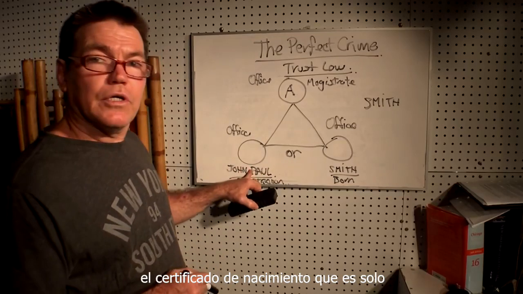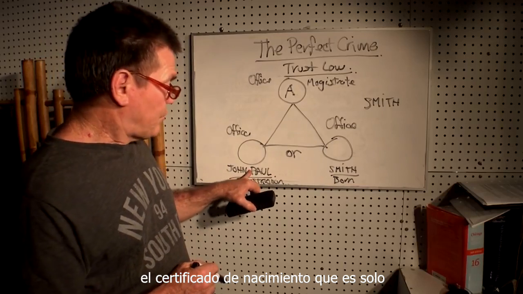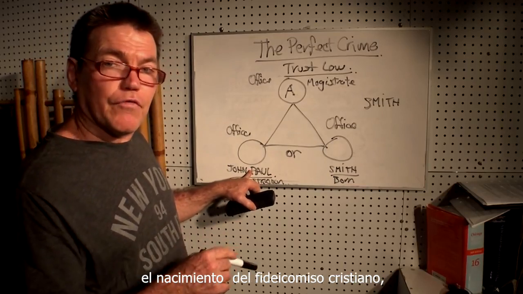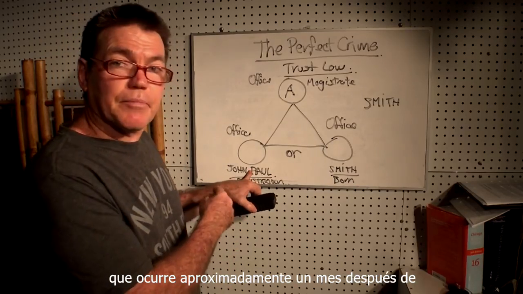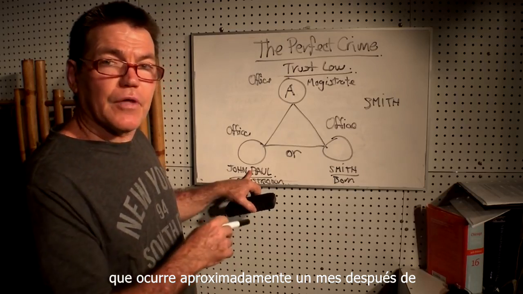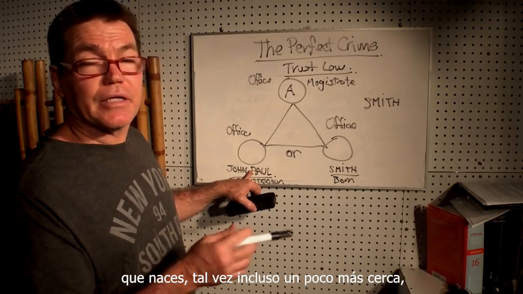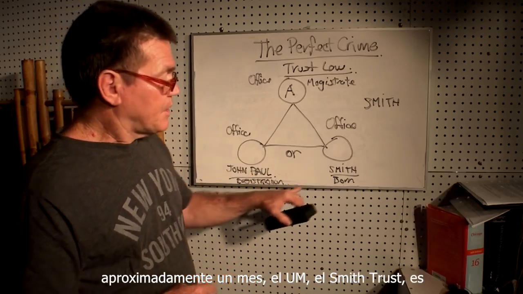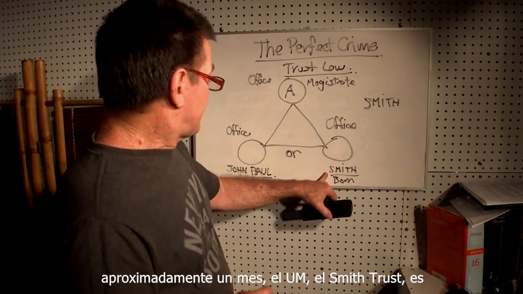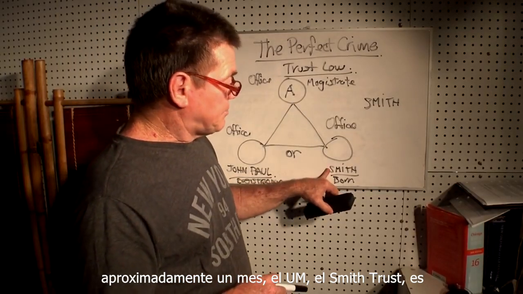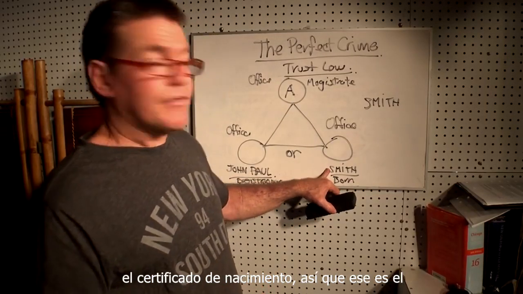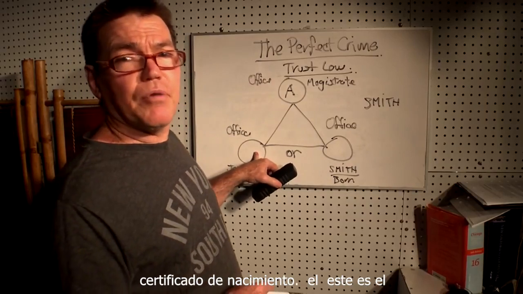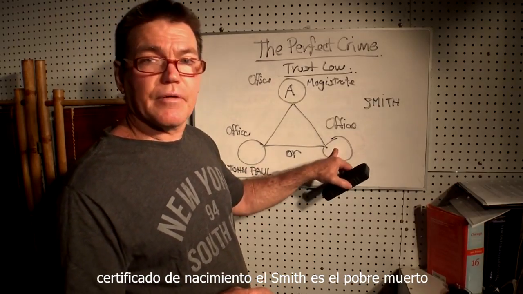This one is called the certificate of birth, which is the birthing of the Christian trust, which happens about 1 month after you were born, maybe even a bit closer, I don't know. But when I was born, it was about a month. The Smith Trust is the birth certificate. So that is the certificate of birth. This is the birth certificate.